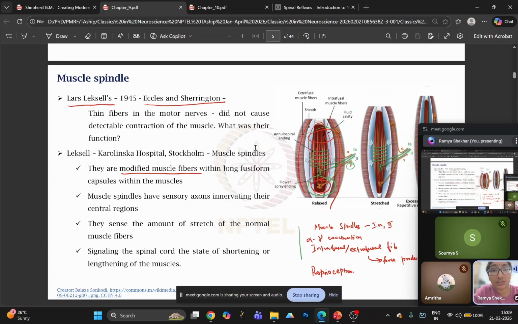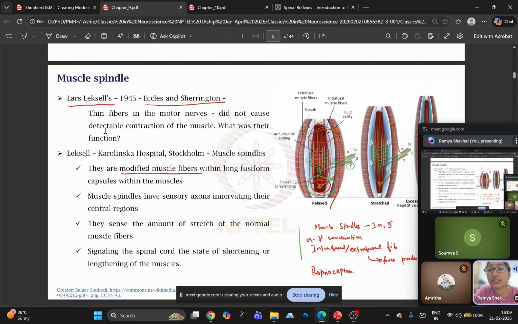These motor neuron fibers were synapsing onto the muscles, but when these fibers were stimulated, they did not cause any detectable contraction of the muscle. But the function of nerves is to stimulate muscle contraction, and these were not doing that. So, this was the observation that Eccles and Sherrington had made.